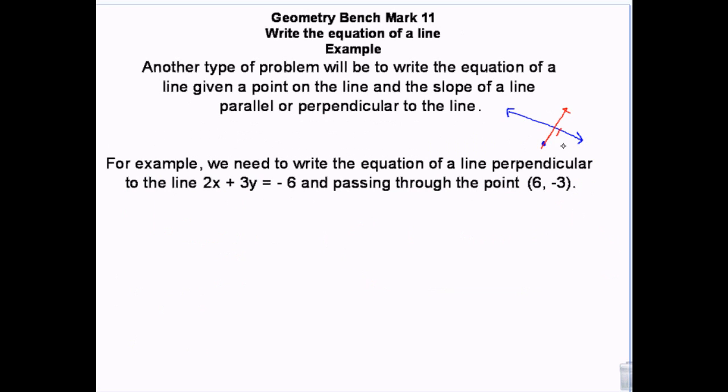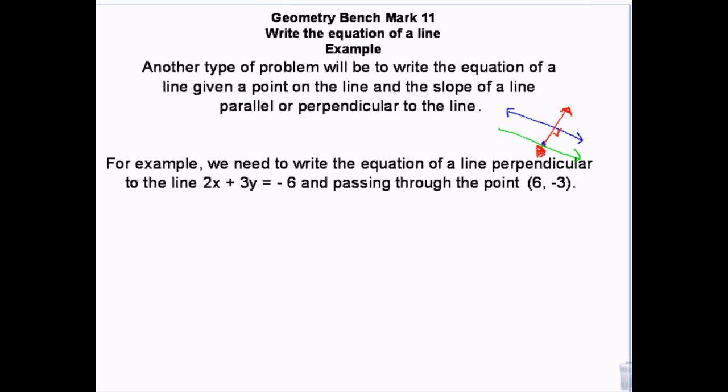So we're looking for this line. We need to know what the equation of that line is. Or we may have wanted to find a line that came through and did this, and that would have been parallel. But right now we're trying to find the perpendicular line.